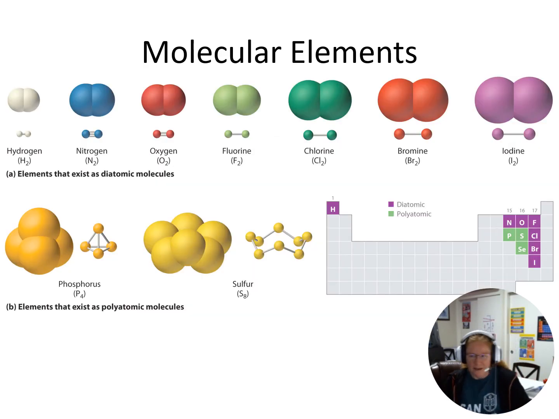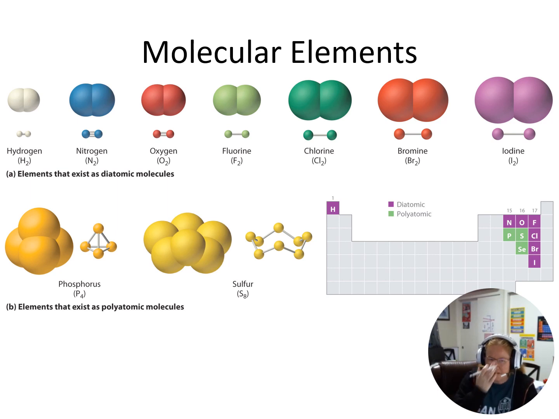Okay. Some elements exist in a molecular form. So most of our elements are going to exist in a monatomic form. Mono, one, they exist by themselves. But some elements exist in a diatomic form, di meaning 2, and some exist in a polyatomic form. So you will be responsible for these. So you can see we've got our diatomics there on the top: hydrogen, nitrogen, oxygen, fluorine, chlorine, bromine, and iodine, and I've highlighted their location on the periodic table.